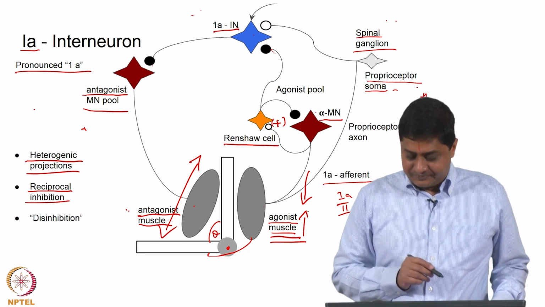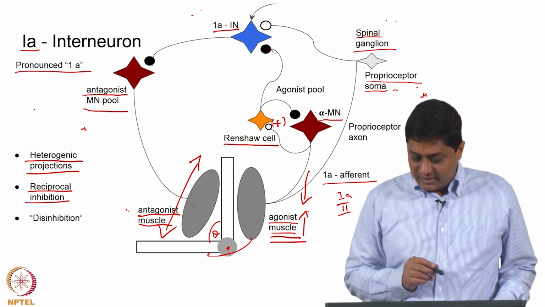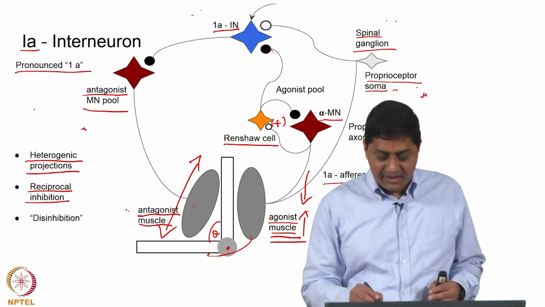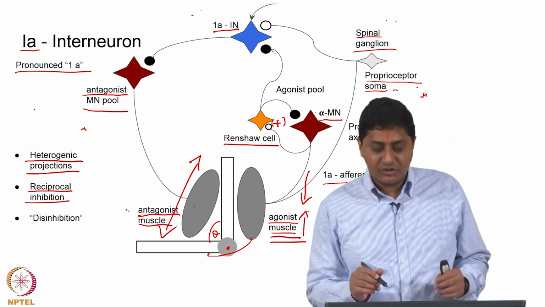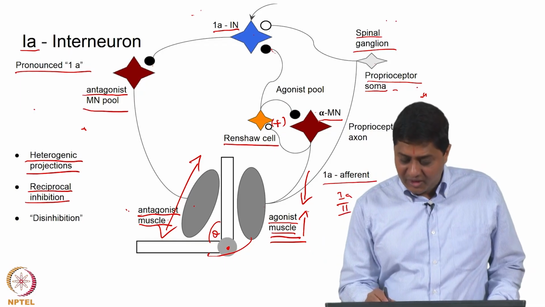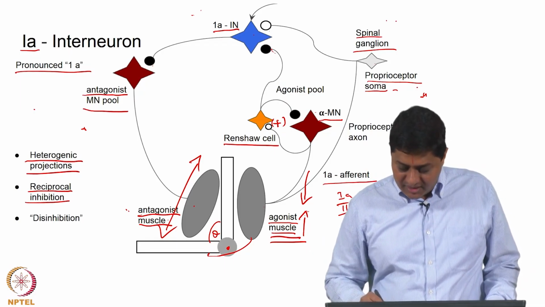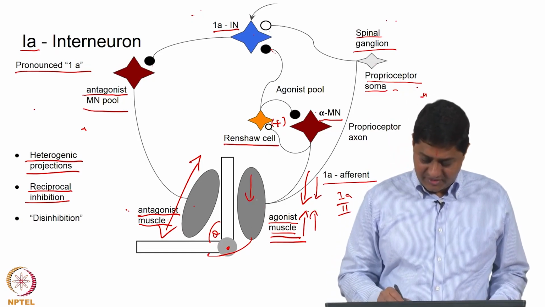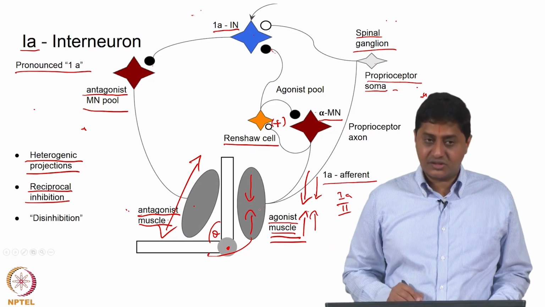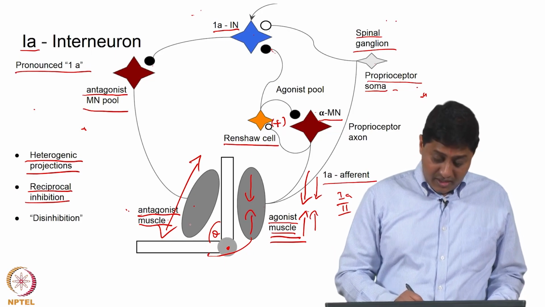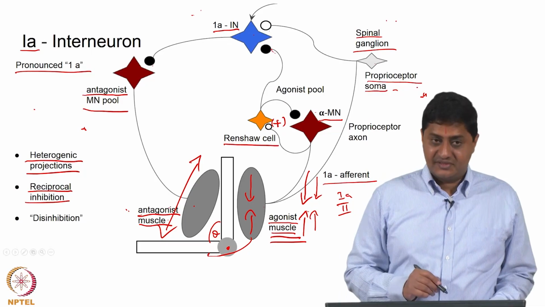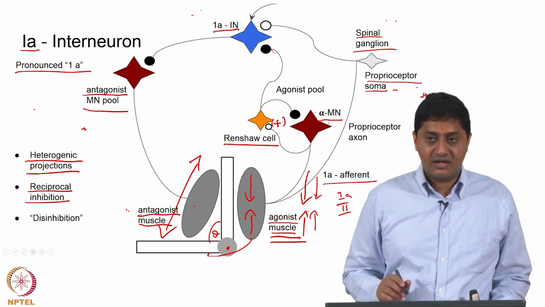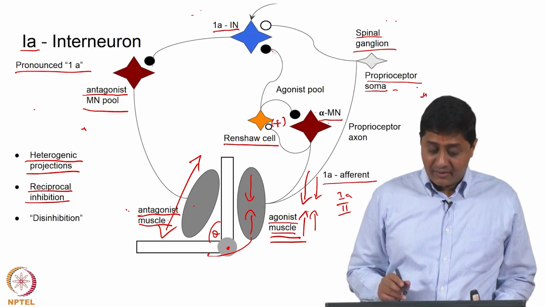What will that do? Let's try to analyze the action of the alpha motor neuron itself. This alpha motor neuron, when it is firing, will cause a contraction of this muscle as has been shown previously. It will cause a contraction which will cause a stretching in this muscle, is it not? This is what this alpha motor neuronal activation will do.